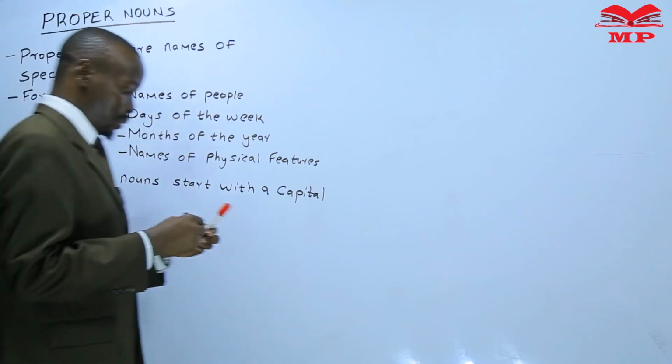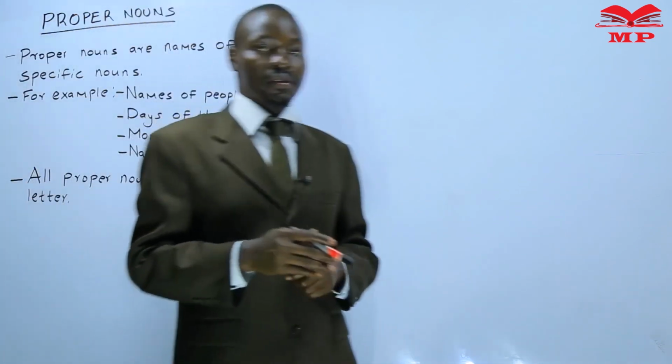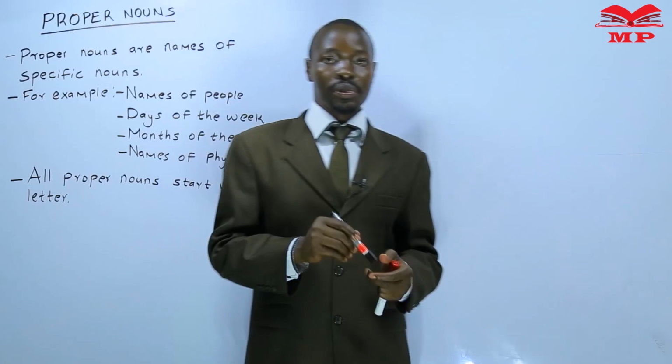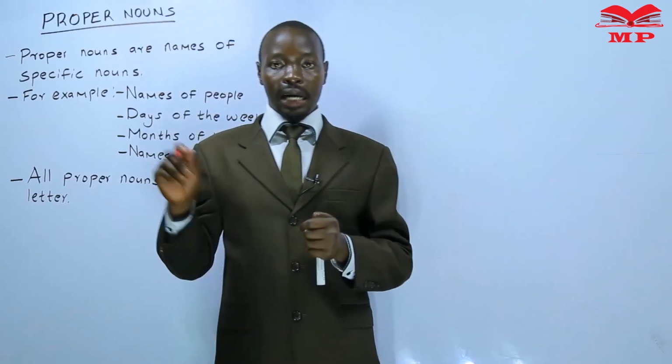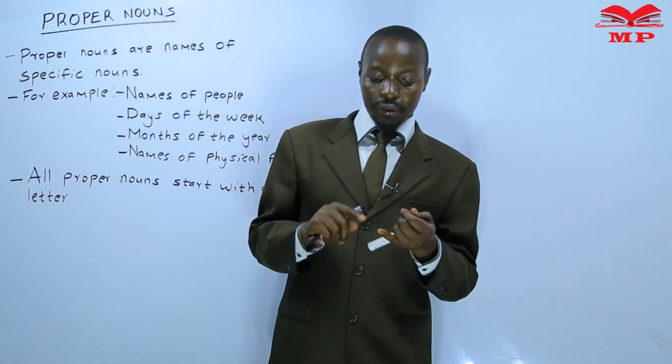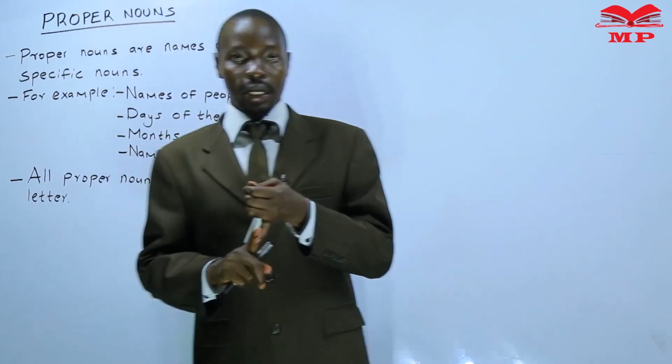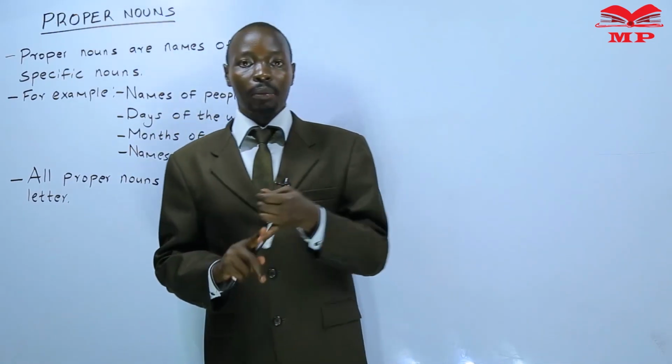So we'll give examples in a sentence. For example, if I say James and Bramwell are going to church. So you'll first of all start with the first name, which is James. You write capital letter J. Bramwell is someone's name.